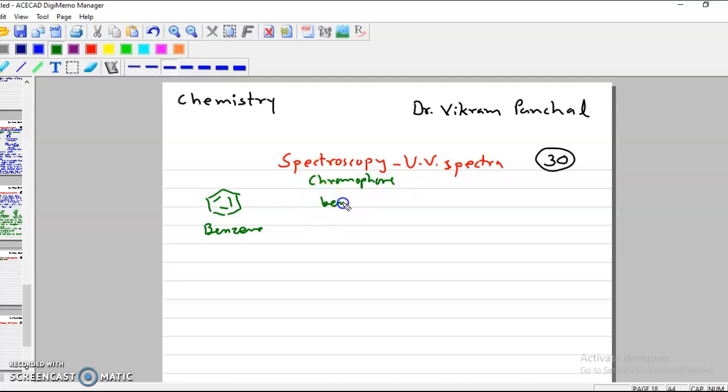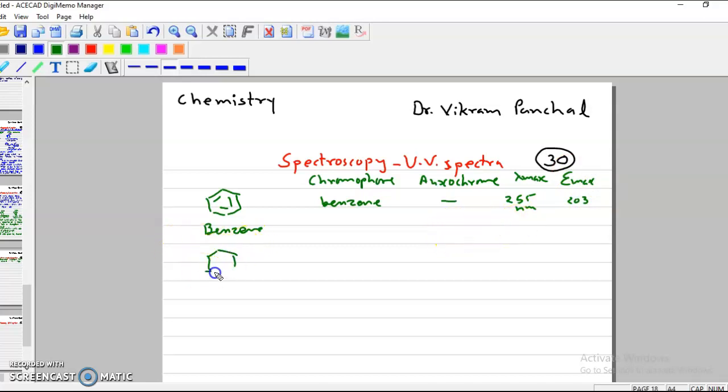Benzene itself, because it has C double bond C, but there is no auxochrome in benzene, and lambda maxima is about 255 nanometer and epsilon maxima is about 203, and that is why it is colorless.